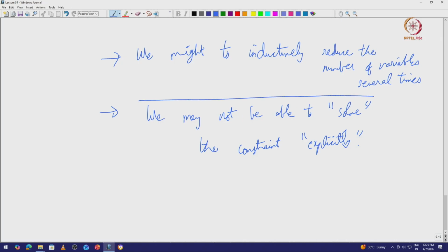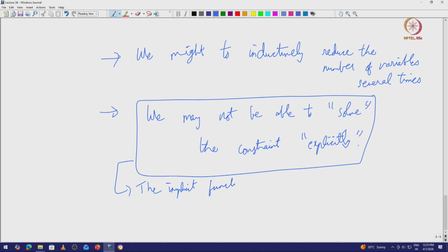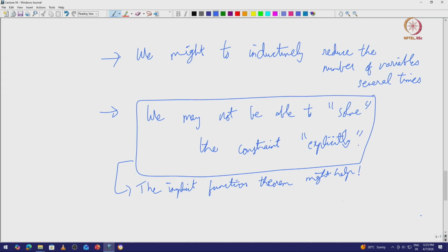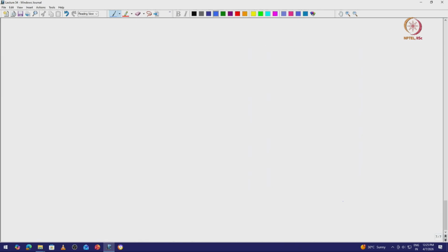This part at least, the implicit function theorem might help, because even if you can't solve for one of the variables in terms of the others explicitly, the implicit function theorem will at least guarantee under some circumstances that there is a solution. It's just that you can't write a nice formula for it. But that's not very helpful, right? It seems like it's not very helpful.